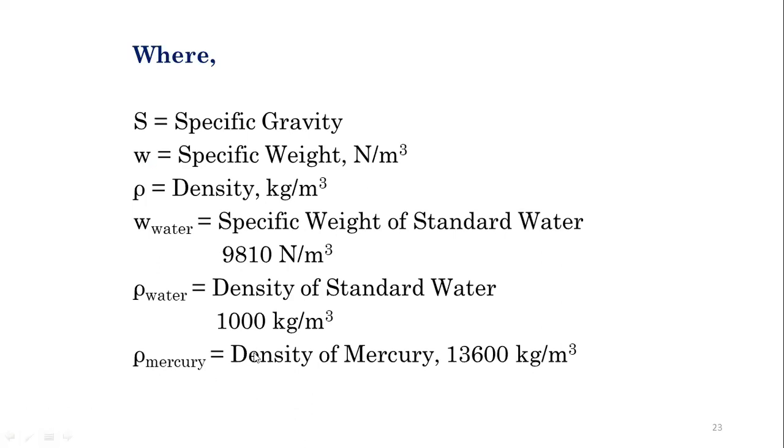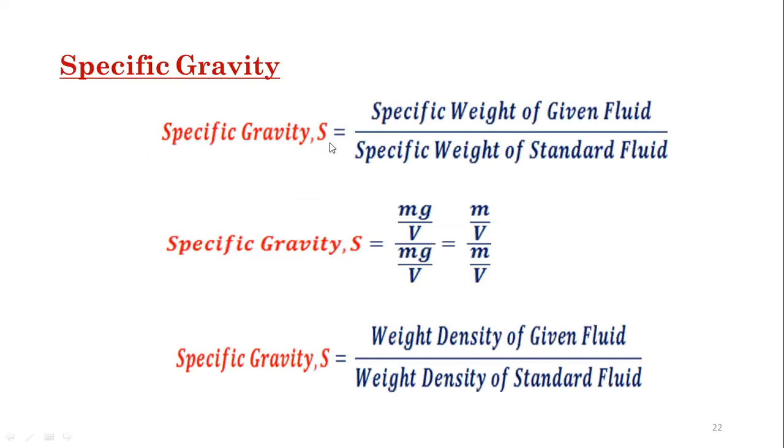One more thing, specific gravity of water is 1. Specific gravity for mercury is 13.6. If you multiply by 1000, you get the density. And the units for the specific gravity, we don't have any units because it is a ratio of the same thing, density to density.